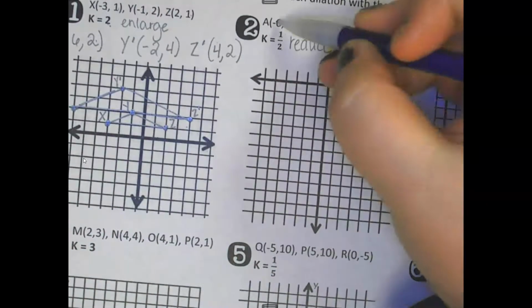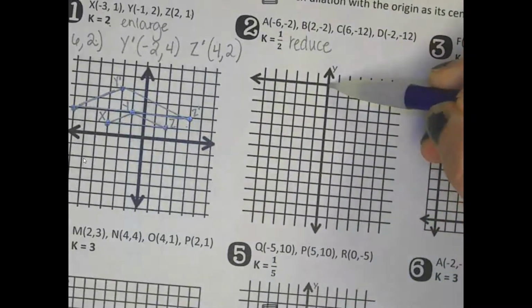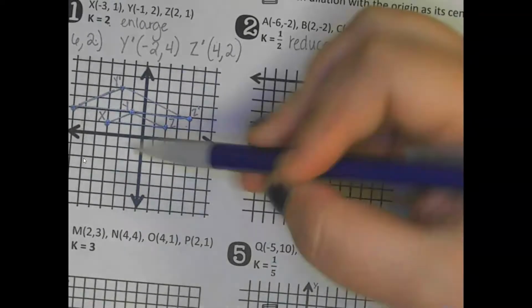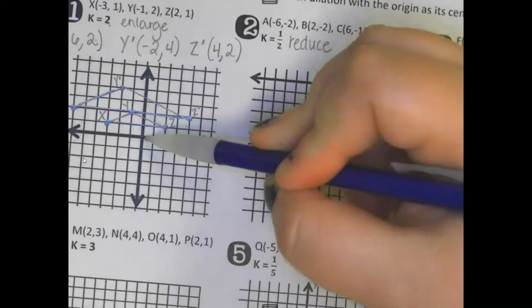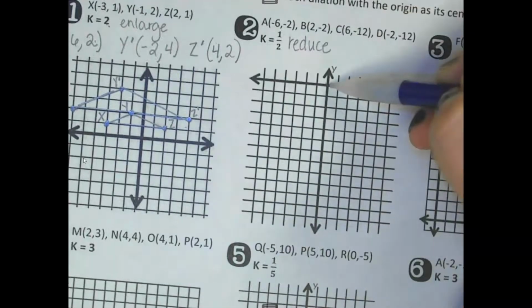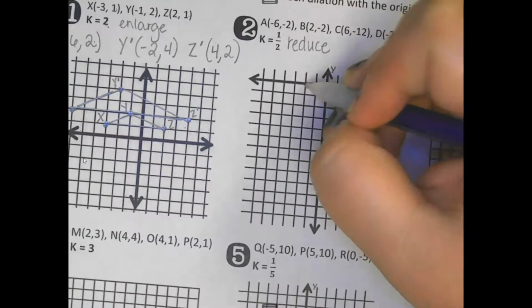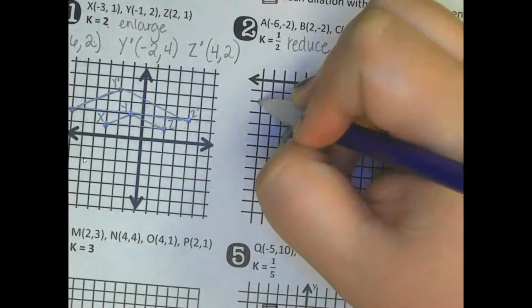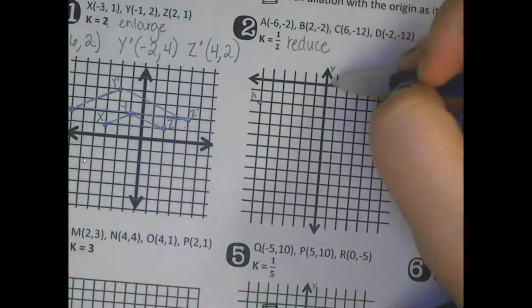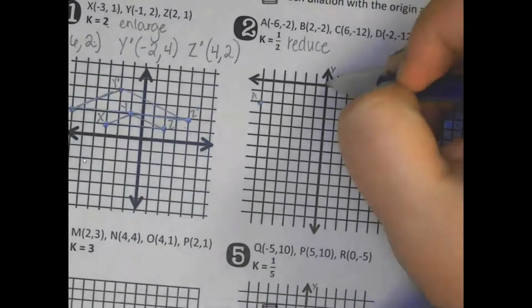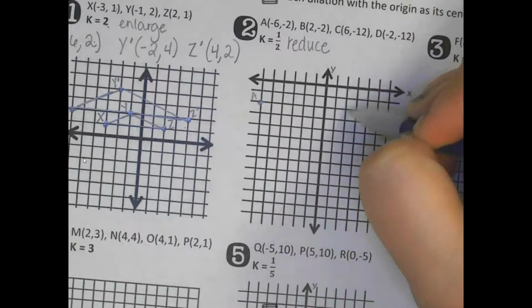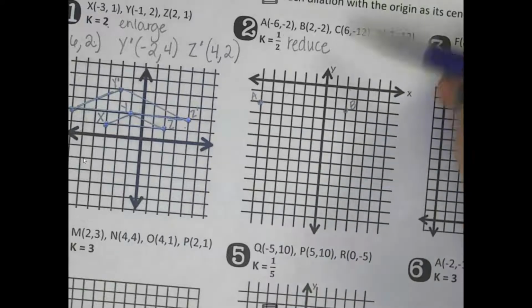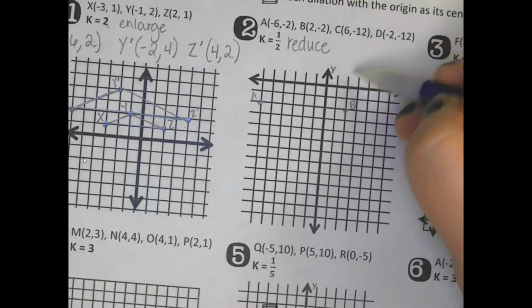So I'm going to plot these points. Here is my origin. I need to look at where my axes are. It's not always going to be nice and pretty in the middle. Sometimes it's going to be off a little bit. So I'm going to go 1, 2, 3, 4, 5, 6, down 1, 2. Label my points. B is going to be 12, -2. C is going to be 6, -12.